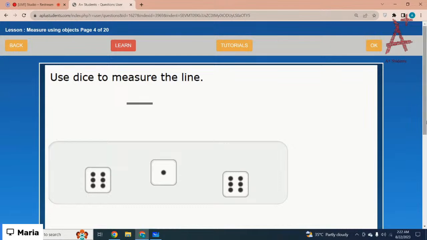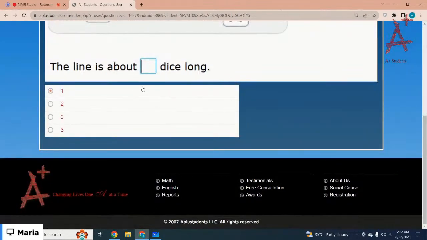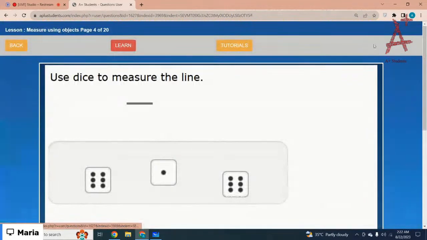That is just one dice long. The correct option is this line is about one dice long.